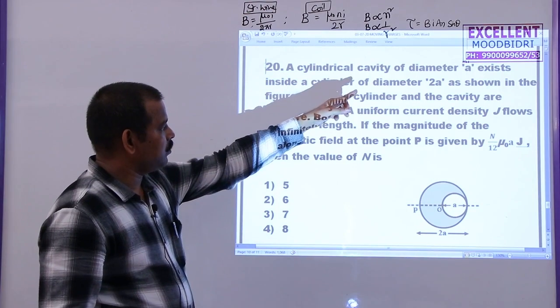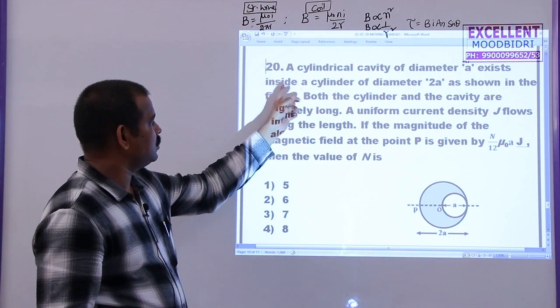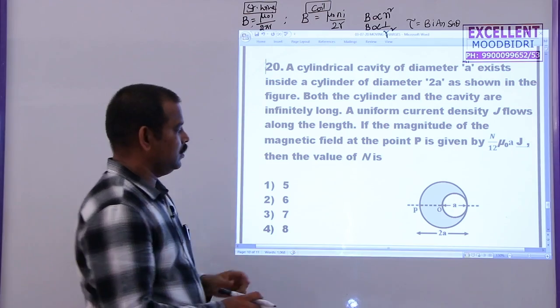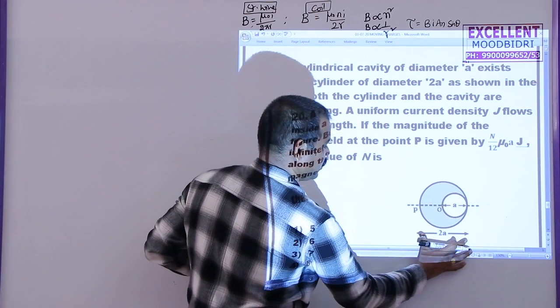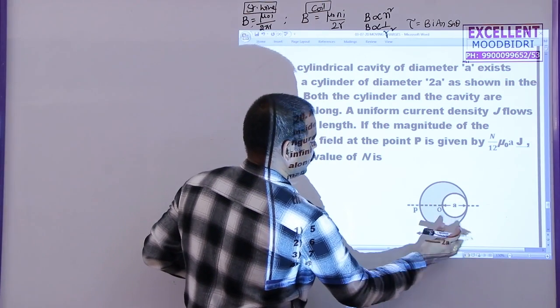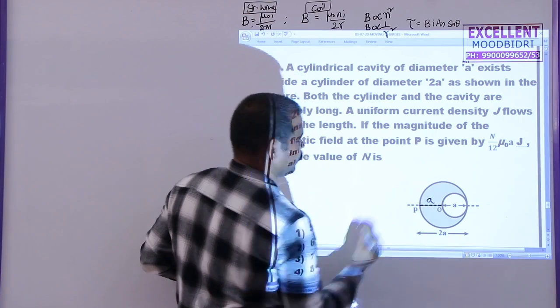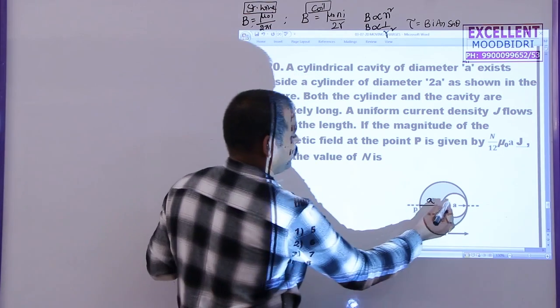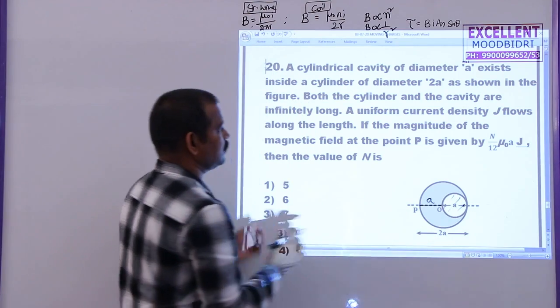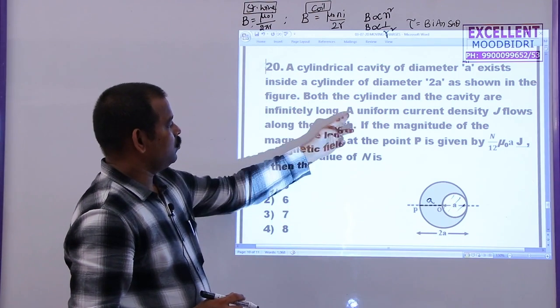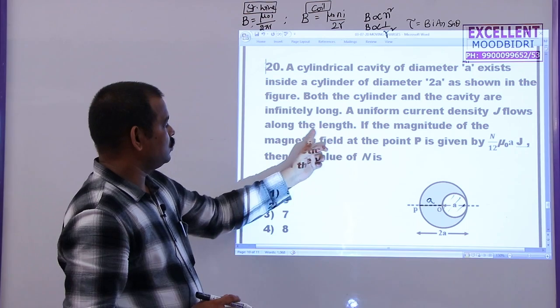A cylindrical cavity of diameter a exists in a cylinder of radius 2a. So this is a cylinder of this diameter 2a. So radius of this one is a only. Now in that we have a cavity like this. This white color one is a cavity. Now a uniform current density J flows along the length.